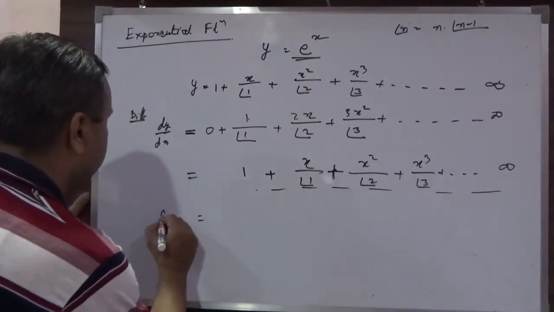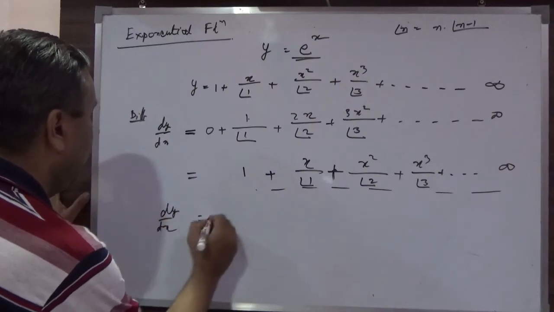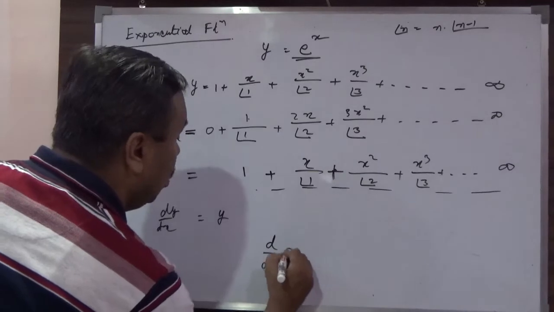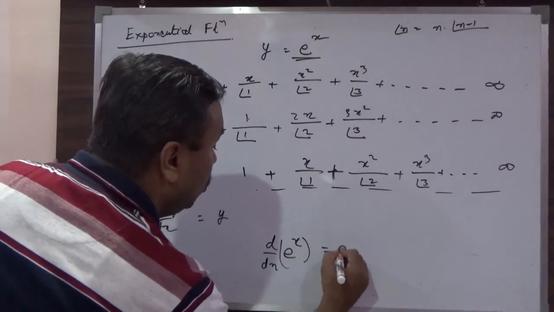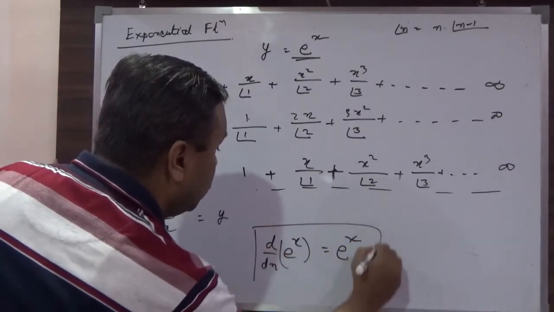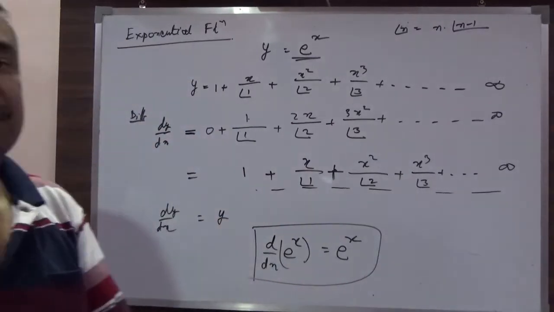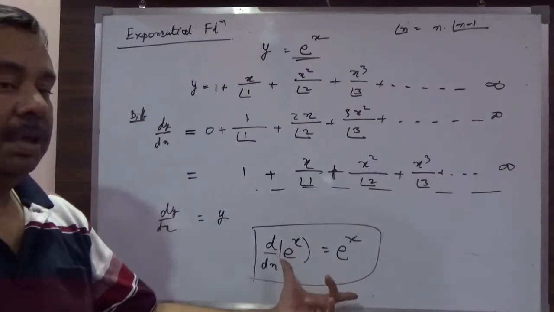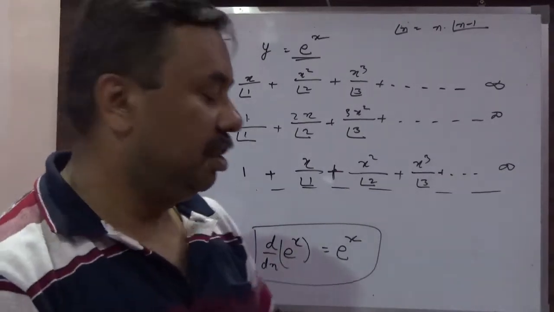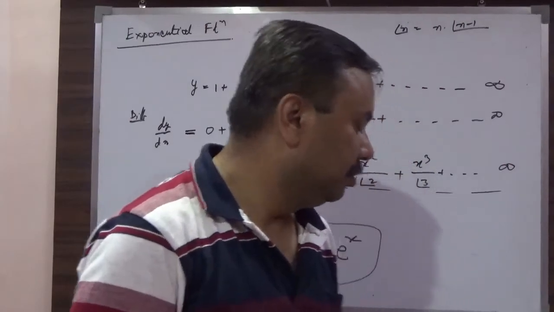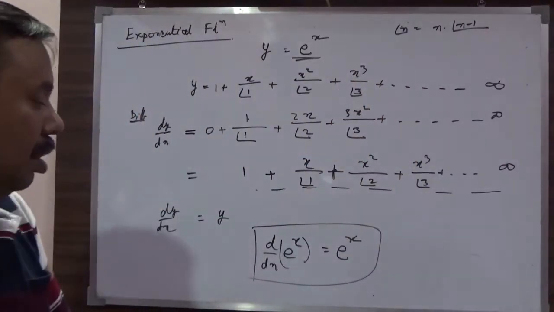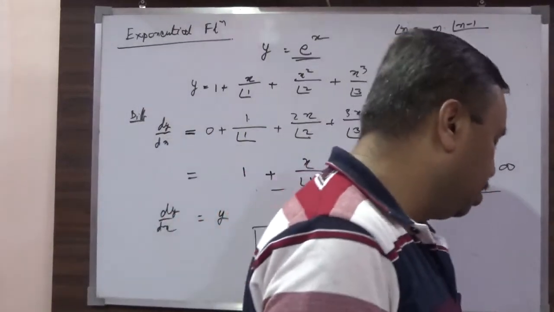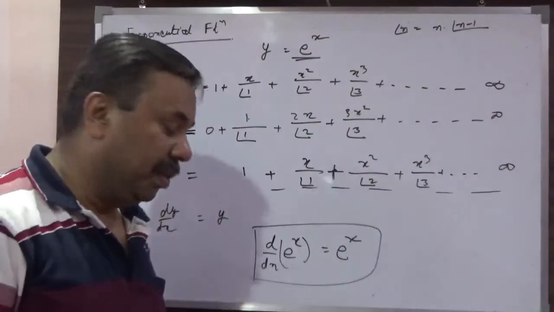So I can write that dy by dx is equal to y, or d by dx of e raised to the power x is equal to e raised to the power x. This is your differentiation for the exponential function. Now I will proceed to the logarithmic function.